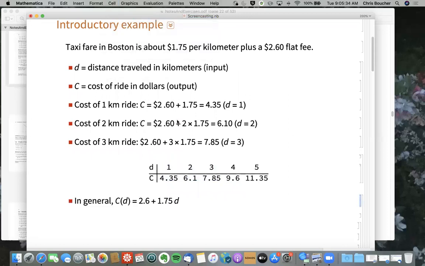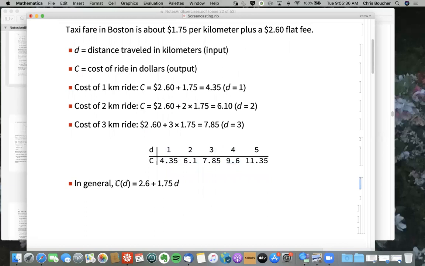Here is our functional formula for C in terms of D. Here I'm being a little bit loose with my notation. I'm letting C be the output variable and also the name of the function. We probably shouldn't do that. Let's give the function a name f and let C be the output value.